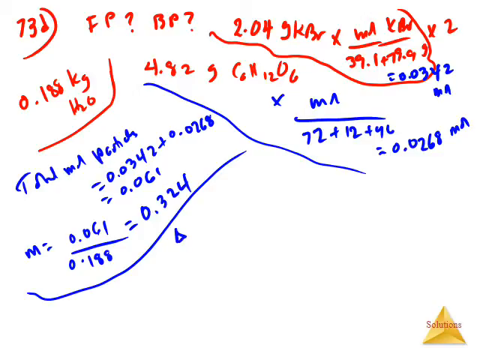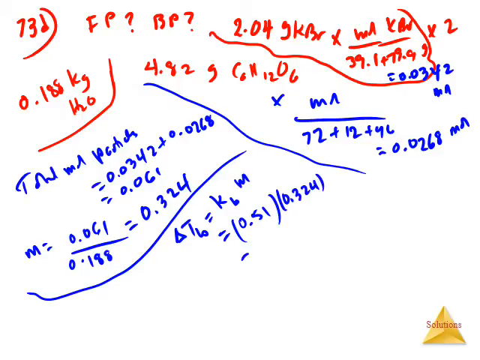So delta TB will be given by KB, that's constant, times the molality. And KB is known for water, which is 0.51. And already we know the molality, which is 0.324.